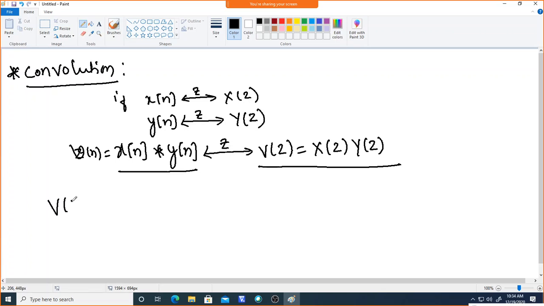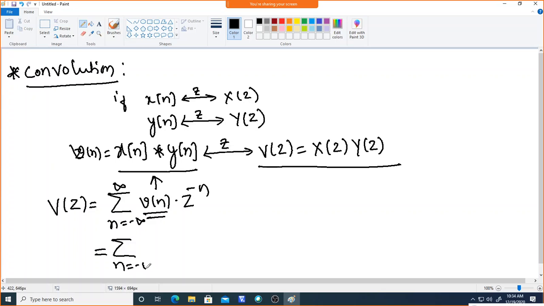We take v of z, the z transform of the signal v of n: the summation from n equal to minus infinity to plus infinity of v of n into z power minus n. Now substitute v of n with the convolution of x of n and y of n.